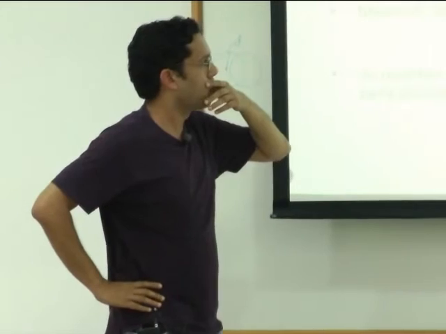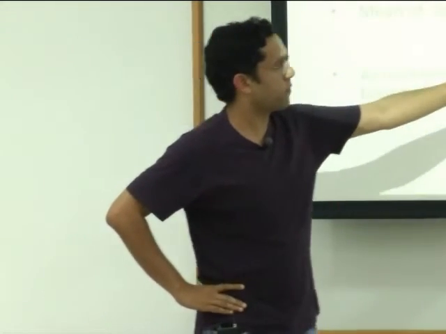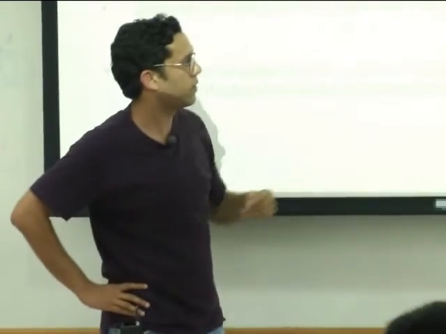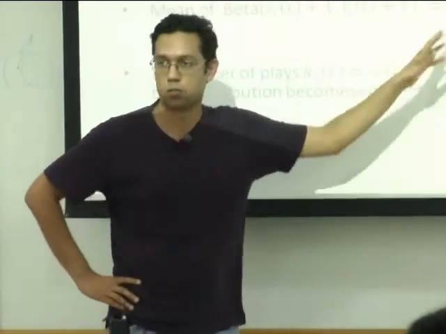And after we have tried an arm i for some number of times with S_i(t) successes and F_i(t) failures, then at time t, the prior for that arm is beta distribution with parameters S_i(t) plus 1 and F_i(t) plus 1. So the mean for this arm is going to be (S_i(t) plus 1) over (S_i(t) plus F_i(t) plus 2), which is close to the empirical mean, which is what we would like to happen.